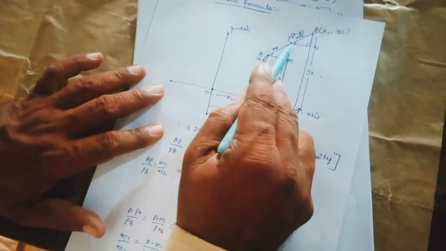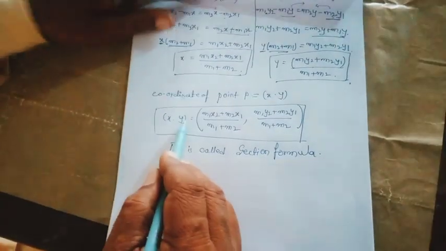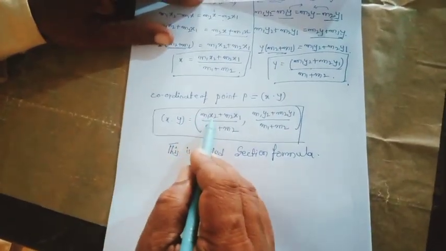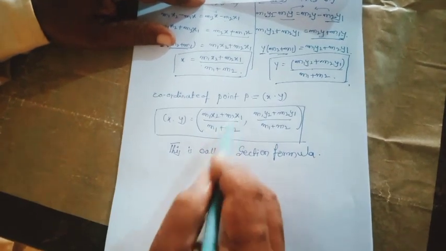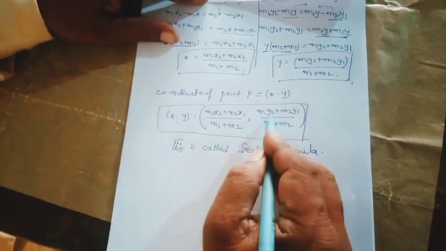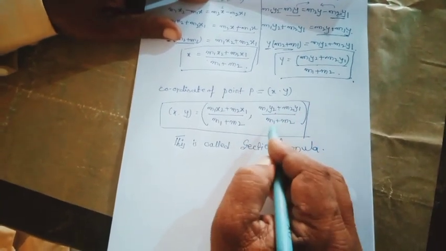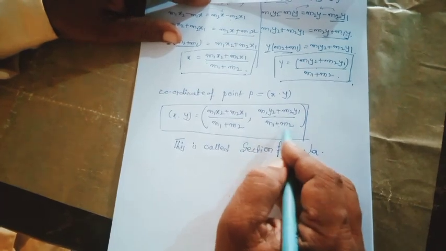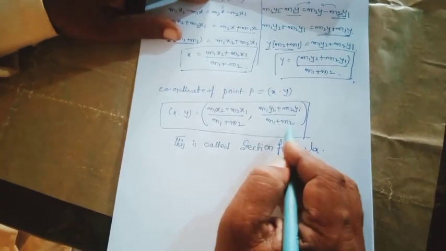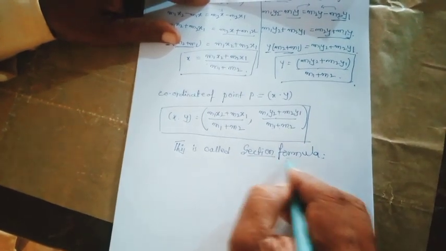If point P divides internally in the ratio of M is to N, then we may apply: X, Y coordinate is equal to M1 X2 plus M2 X1 divided by M1 plus M2. This is the X coordinate, and the Y coordinate is M1 Y2 plus M2 Y1 divided by M1 plus M2, or sometimes M2 plus M1. Both are the same. This one is called the section formula.